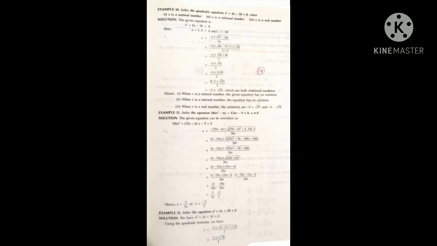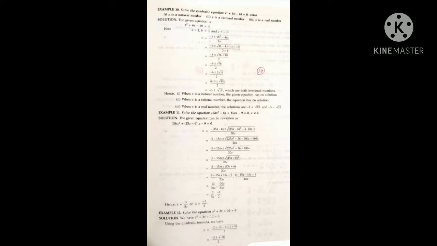So when you compare this one with the general form of quadratic equation ax square plus bx plus c is equal to 0, we will find that a is equal to 10a, b is equal to 15a minus 6 and c is equal to minus 9, right?